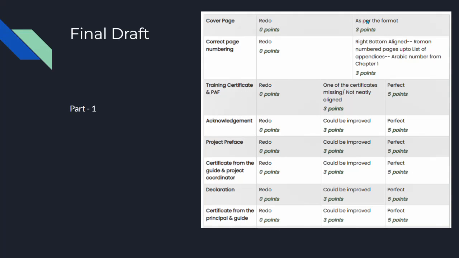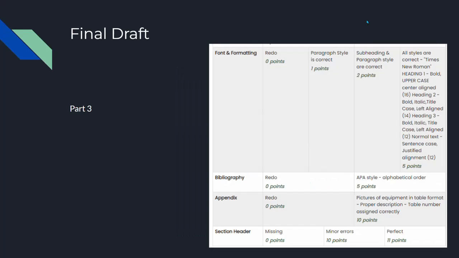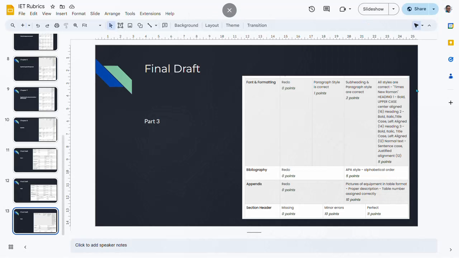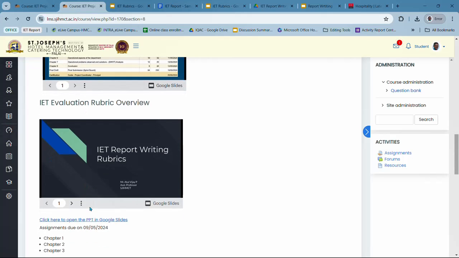The final draft has so many criteria, so it is divided into parts. This is part 2, part 3. Now, this PPT exists here for your reference at any point of time. If you have any doubt, you can look up this particular PPT. You can open the PPT using this link and clear your doubts.